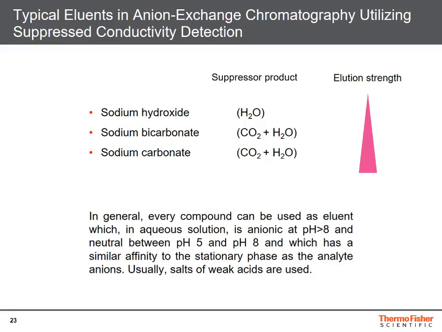Typically, we use salts of weak acids such as sodium hydroxide, sodium bicarbonate, sodium carbonate, or mixtures of them. As you see, the elution strength increases from sodium hydroxide all the way to sodium carbonate.